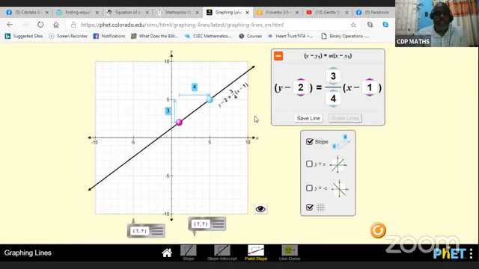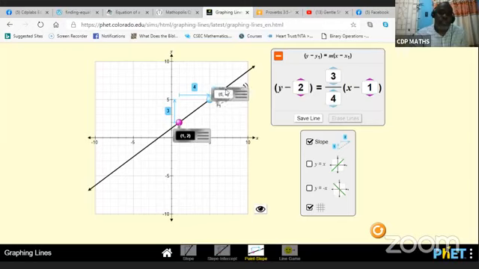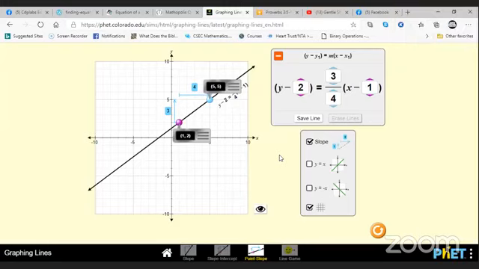See it there? So our first point. So we have 1, 2 there, and we have 5, 5. No changes yet. All right.